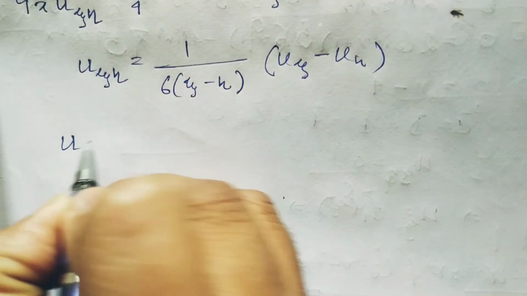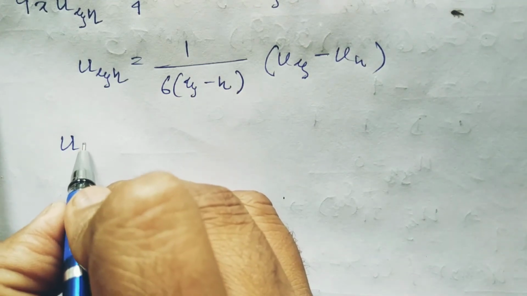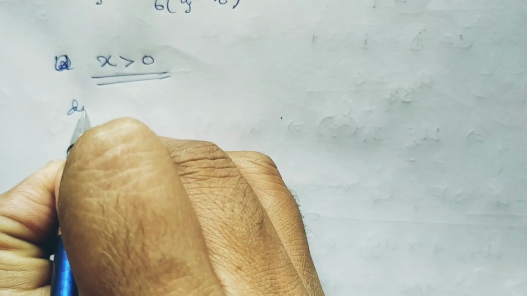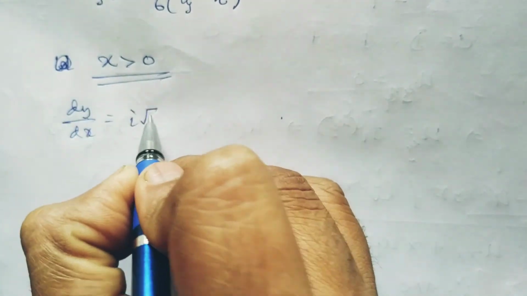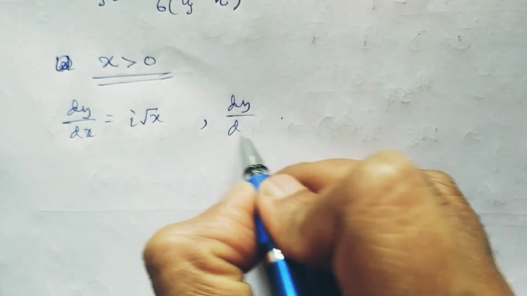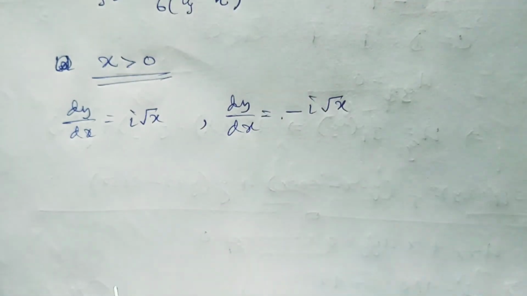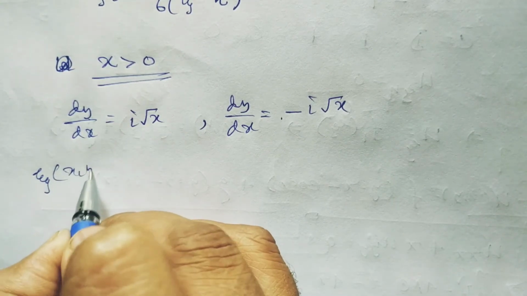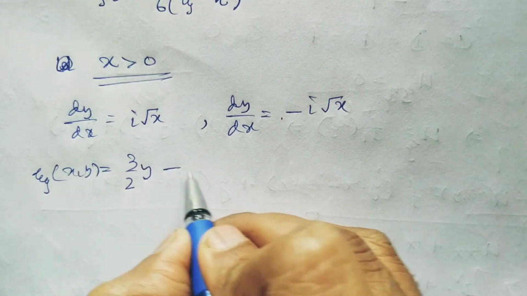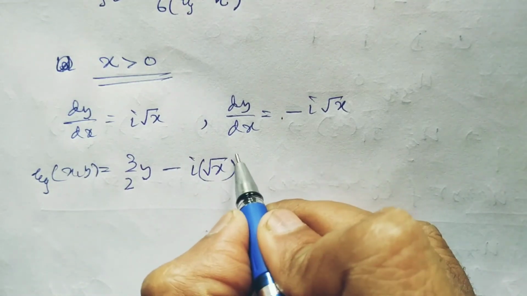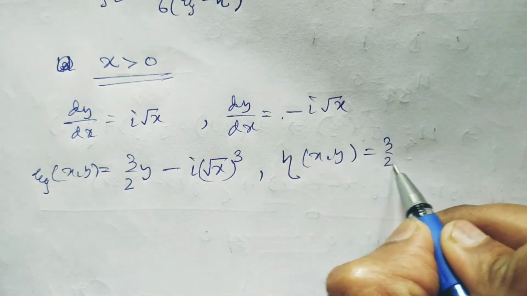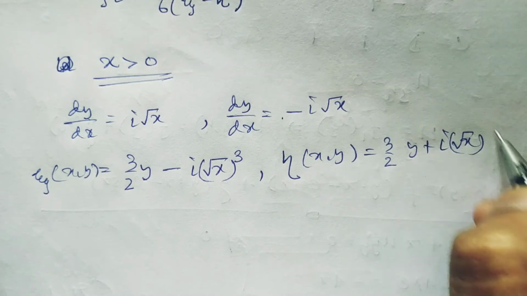Now if we take the half plane x greater than 0, for that what we get is dy dx is equal to i root x, dy dx is equal to minus i root x. And so what we find is xi of xy is equal to 3 by 2 y minus i root x cube, and eta of xy is equal to 3 by 2 y plus i root x cube.